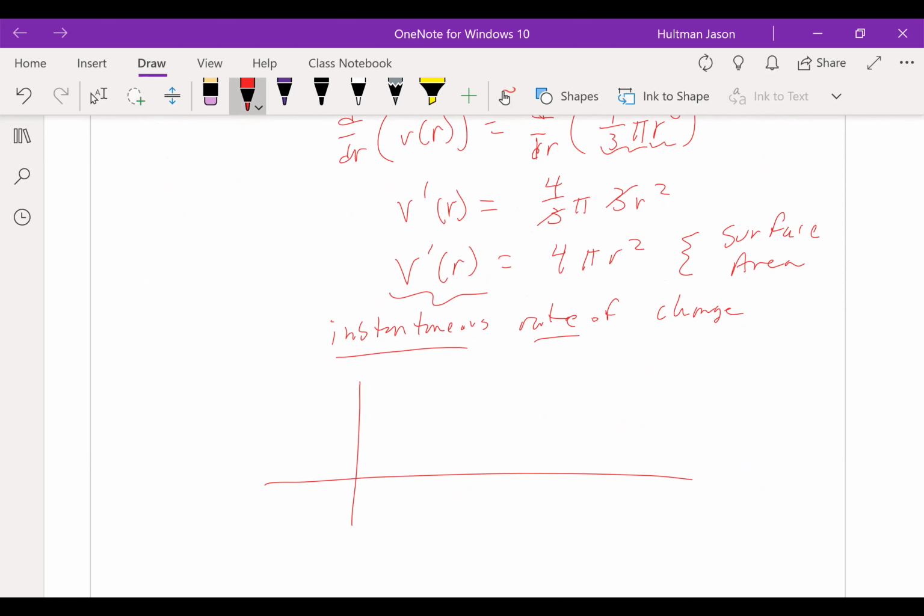I start off kind of slow, and then I get up to a cruising speed, and then I increase, and then I get up to another cruising speed. And then I exit the freeway, and I go down.